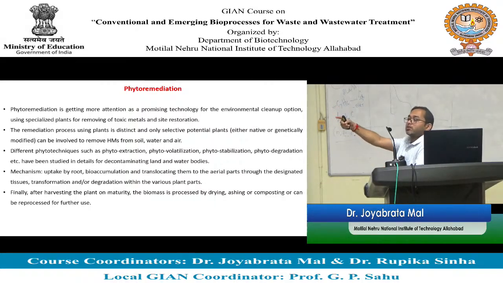Suppose some spillage happens with some pesticides or toxic chemical compound. You can plant some resistant plant biomass. They will grow over time, and in that duration they will take up the toxic compound.